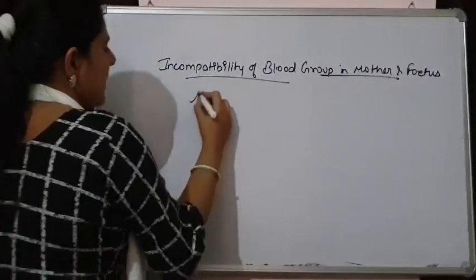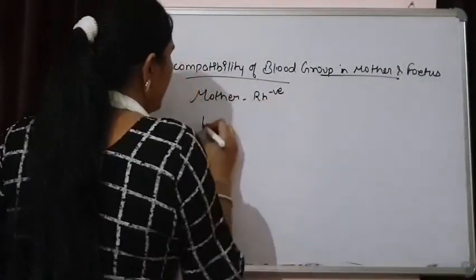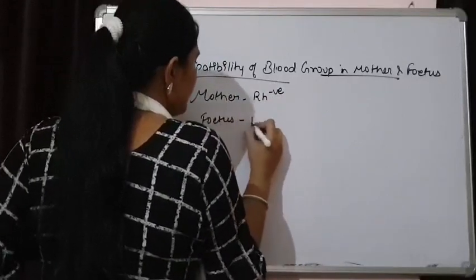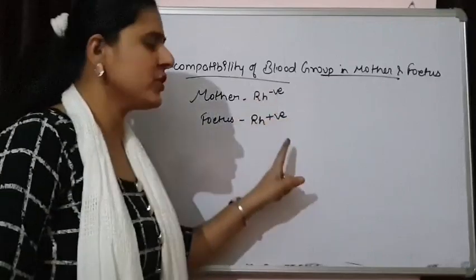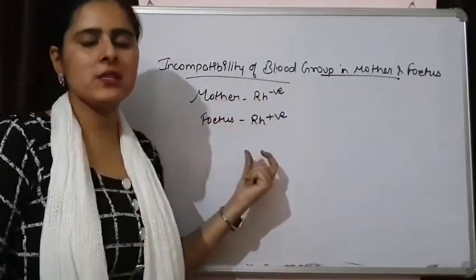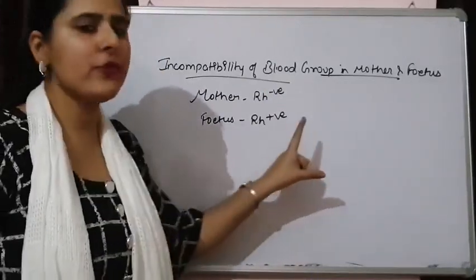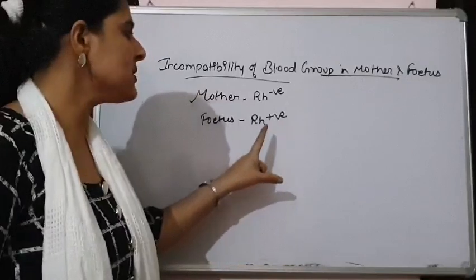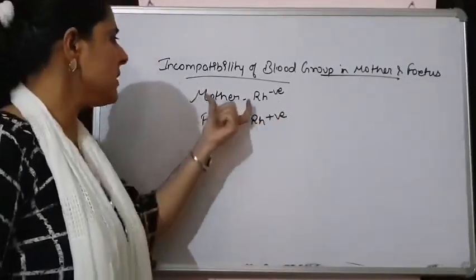The condition happens when the mother is Rh negative and the fetus is Rh positive. During the gestation period, at the time of first pregnancy, the blood of mother and fetus does not come in direct contact with each other, but at the time of delivery, the fetus blood comes in contact with the mother. So there are no problems in the first delivery.